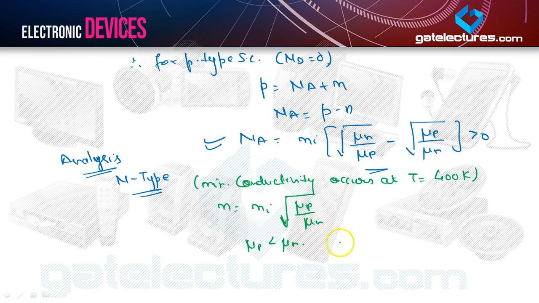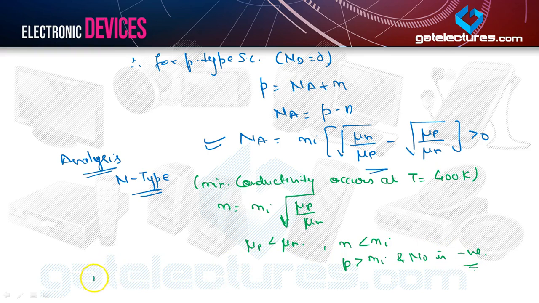So from here, since mu p is less than mu n, your n will be less than Ni, which is not true, and p will be greater than Ni, and Nd is negative. So this cannot be positive.